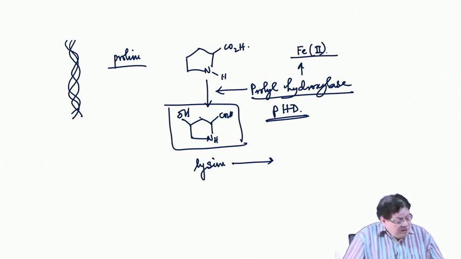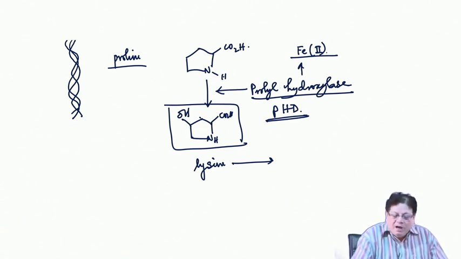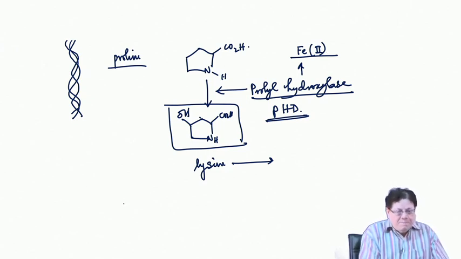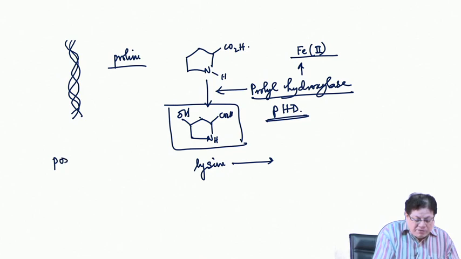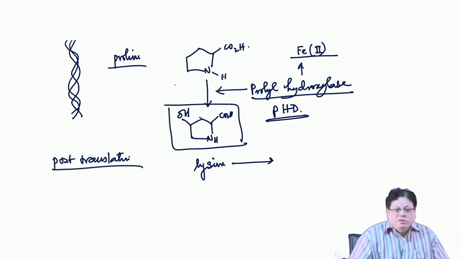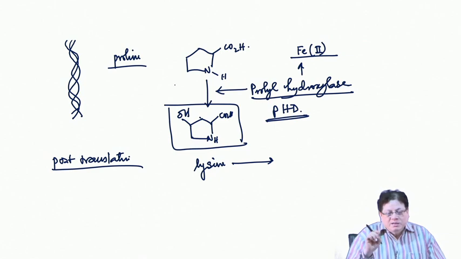So, what is the role of ascorbic acid here? We said that prolyl hydroxylase carries out what is called post translational modification. Post translational modification means that when the polypeptide is made, it will contain all the protein amino acids, of which there are 20.